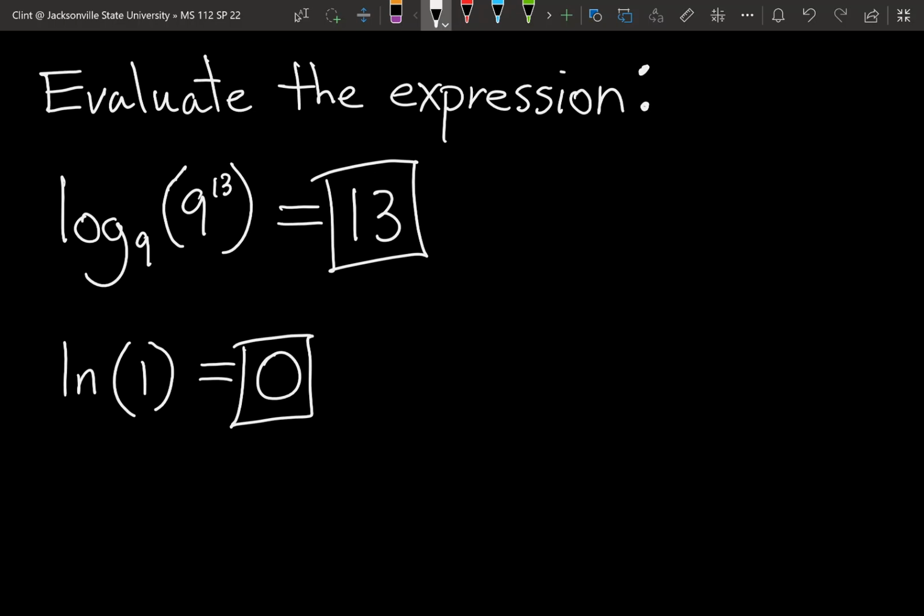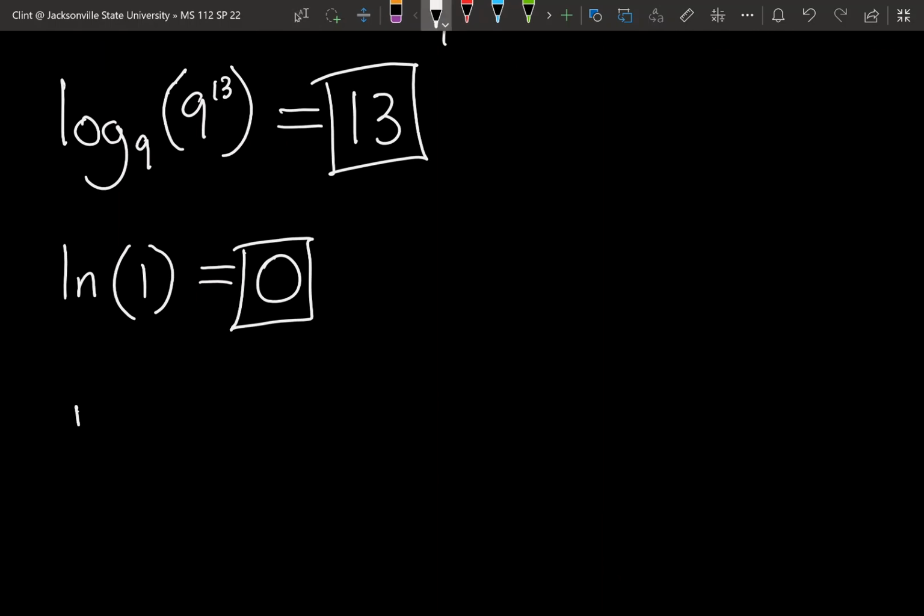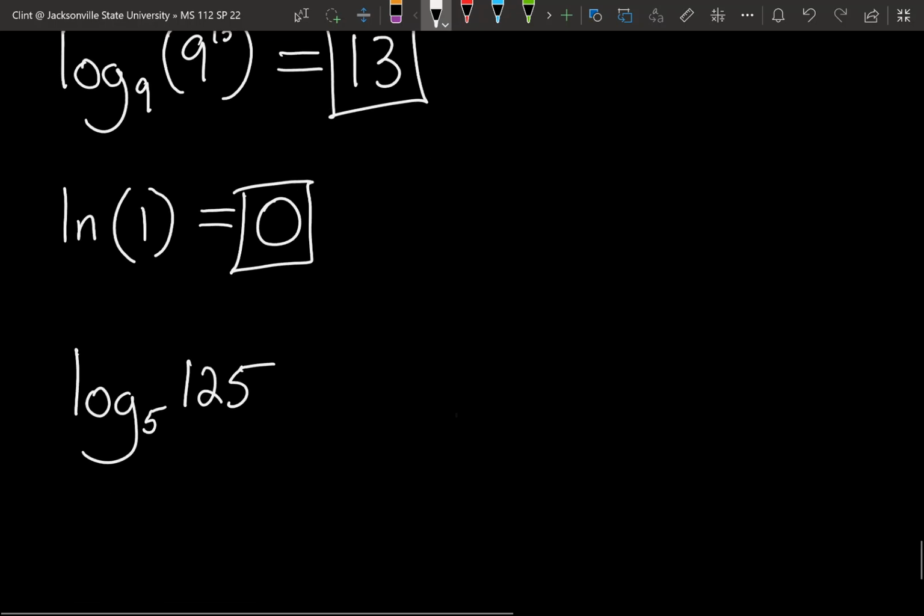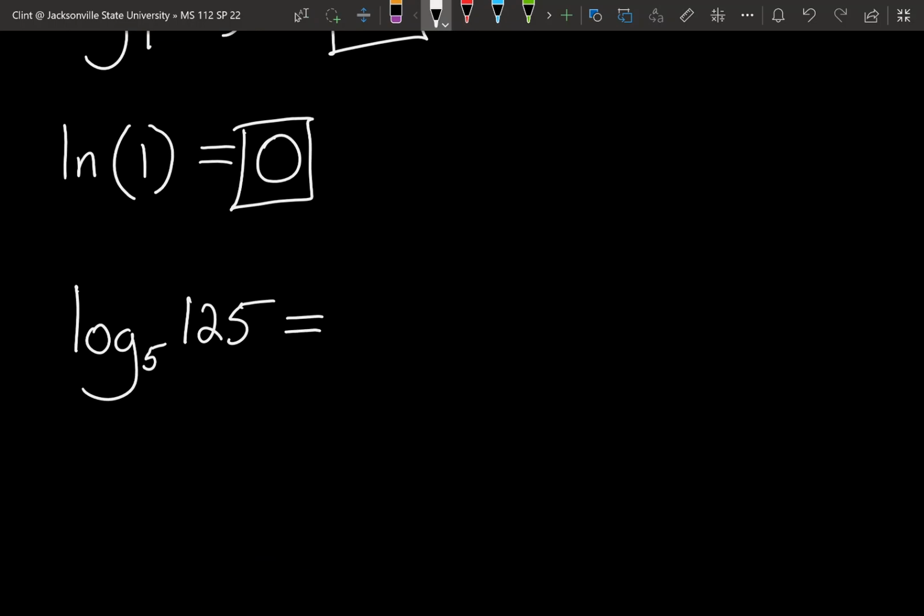This next one's a little bit more work. What about this one? Not quite so obvious.